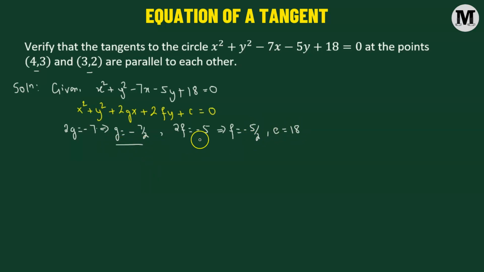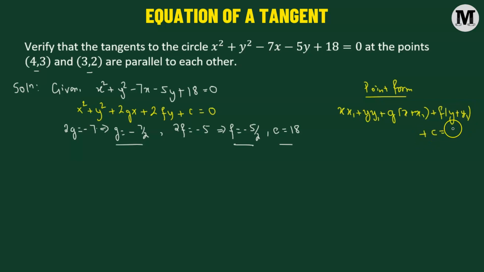Now we have the value of g, f, and c. To find the equation of the tangent, we're going to use the point form. Let's quickly recap the point form of a tangent. It's given by x times x1 plus y times y1 plus g times (x plus x1) plus f times (y plus y1) plus c equals 0.